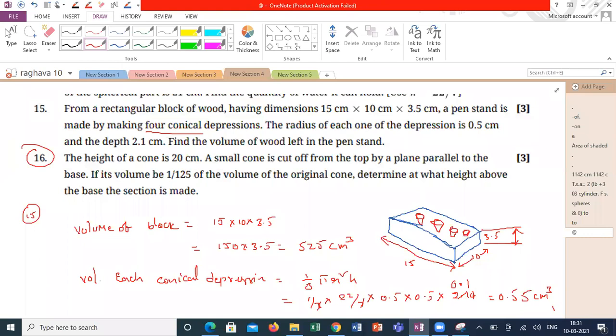The height of a cone is 20 centimeter. A small cone is cut off from the top by a plane parallel to the base. If its volume is 1/125 of the volume of the original cone, determine at what height above the base the section is made.